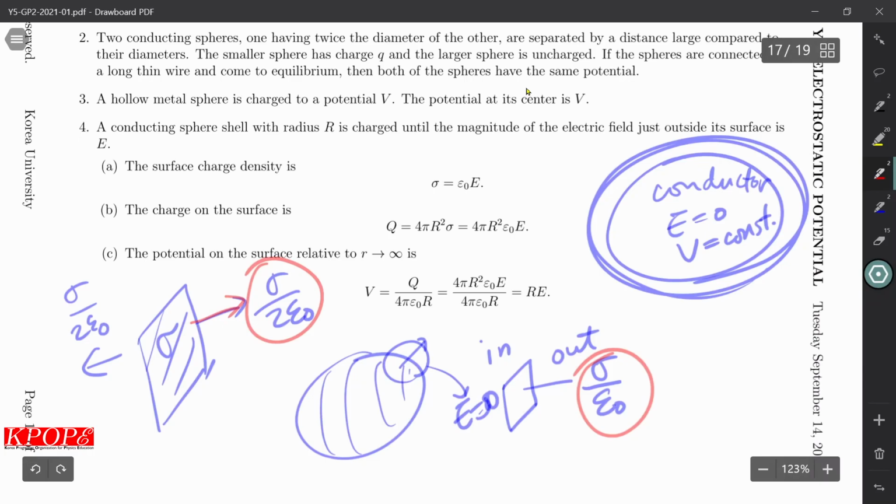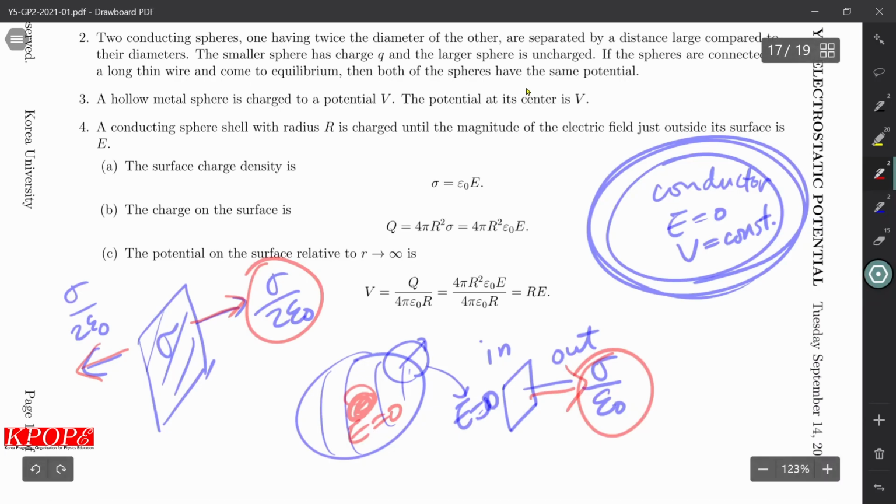Here the flux goes to the left and right together, but inside the conductor the electric field must be 0, so this flux is doubled outside. Okay?